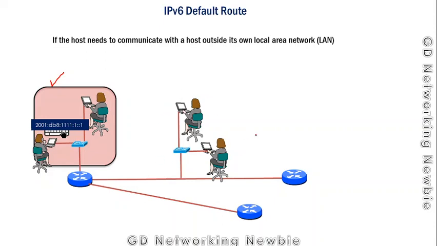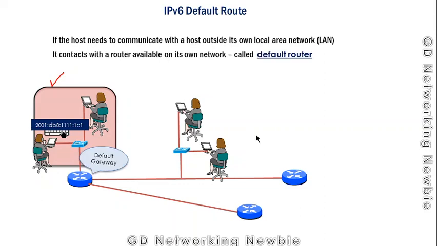In that case, these host machines contact a router, and that specific router is known as the default router or default gateway. This default gateway is needed when these client machines want to communicate with a client in some other subnet.